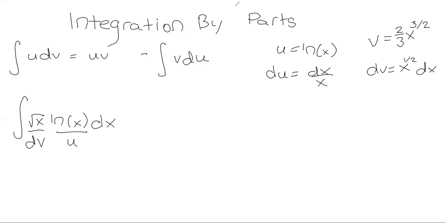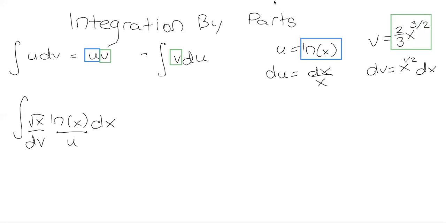So now we just want to substitute things in where they go. We have a u. u is natural log of x. We have a v. v is going to be 2/3 x to the 3/2 power. I'm just going to highlight that one as well, draw a box around that one.